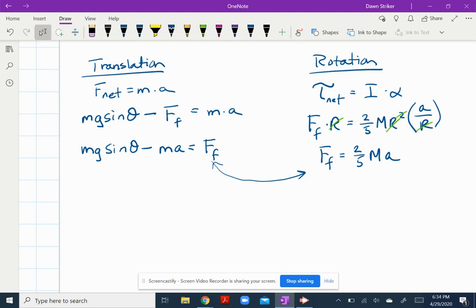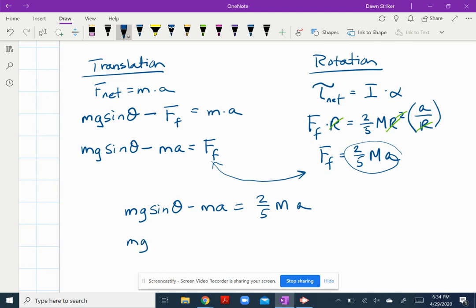So let's just solve for acceleration because that's what I wanted. mg sine theta minus ma equals, now I'm going to use this force of friction, 2/5 ma. Get the a's to one side. mg sine theta equals ma plus 2/5 ma.